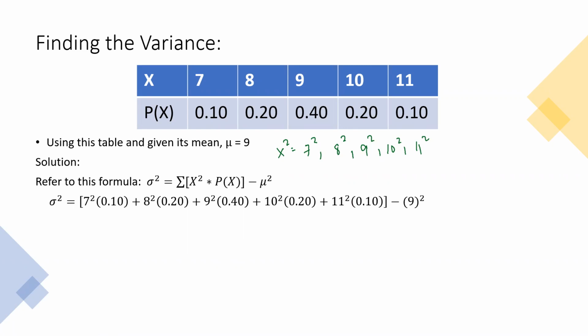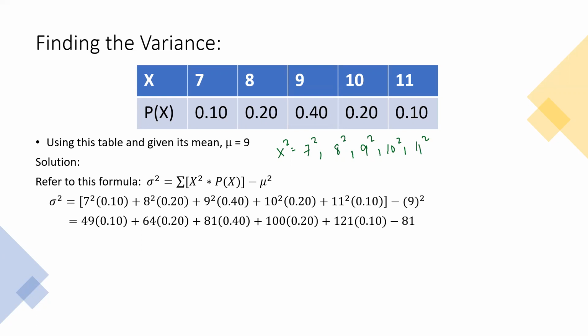So do not forget the PEMDAS rule: exponent first before multiplication. So 7 squared will be 49, while 8 squared will be 64, 9 squared will be 81, while 10 squared will be 100, while 11 squared will be 121. Then the 9 squared will be 81, because we're going to find the square of the mean that is given.